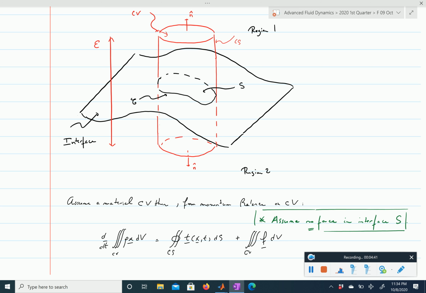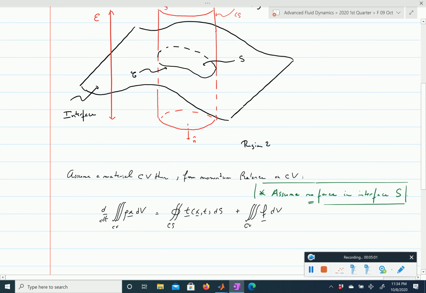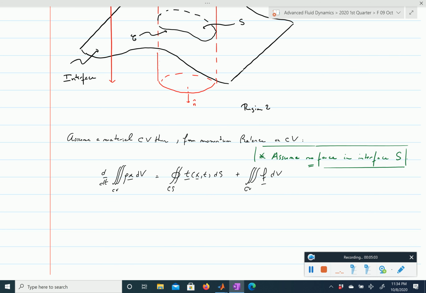Usually, if you have two immiscible fluids, then there will be forces inside of the interface. But oftentimes, in this class, these forces, the surface tension force or the interfacial tension force, are negligible, and in that case you can omit that term. All right, so that's what we're going to do first.